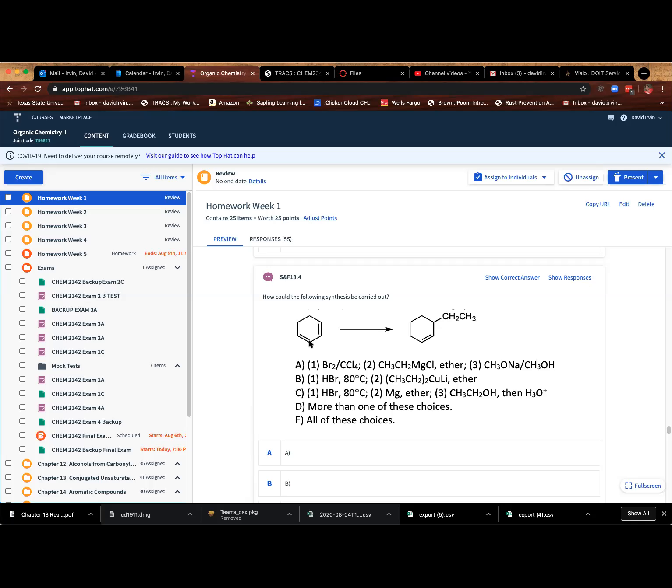So that means we can't add bromine, because that's going to add 2 halogens to our system. So that means we've got to have at least B or C here, because we want to add a hydrogen and a halogen to the 1 and 2 position. And because we want this group here, we'll probably want it in a 1,4 addition. So we want it heated. So it's heated, that's good.